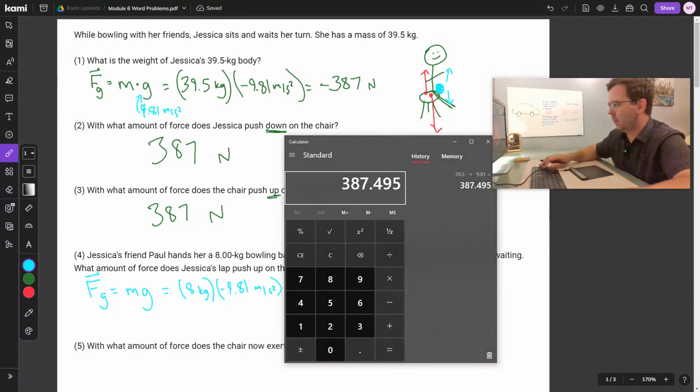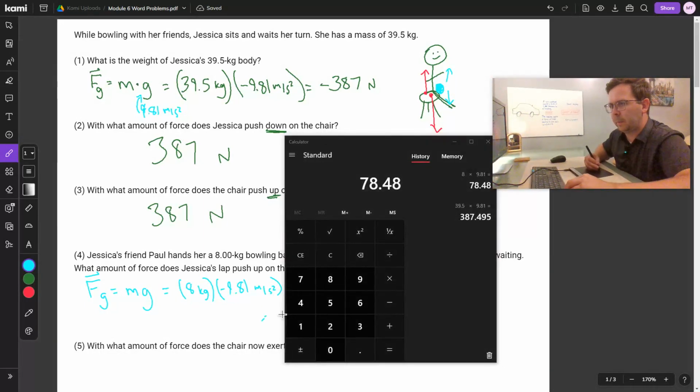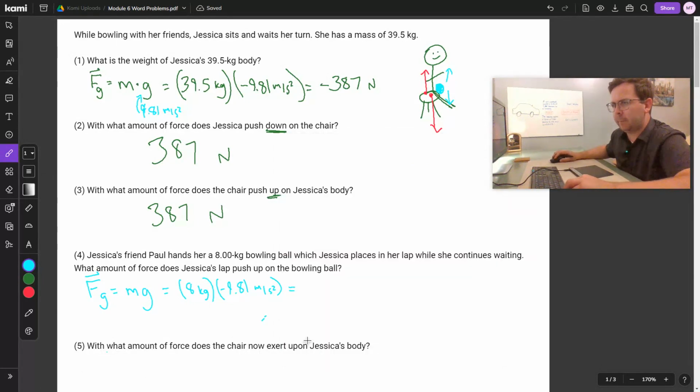Take our calculator and we do 8 times 9.81 and we get 78.5 newtons downward. So that's the amount of force that the ball is pushing down on Jessica's lap with.